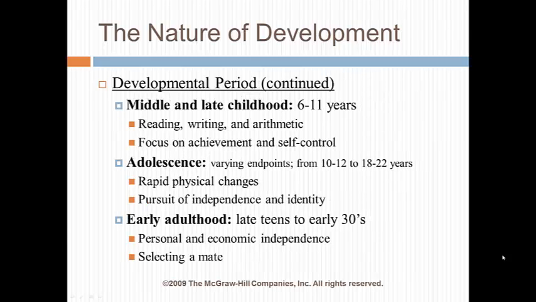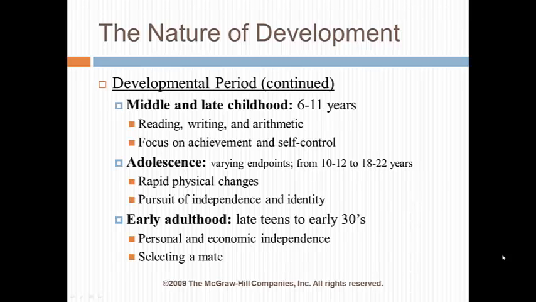In middle to late childhood, which occurs from ages 6 to 11, school-related skills like reading, writing, and arithmetic are developed. Additionally, a focus on achievement and self-control increases. In adolescence, from around 10 to 12 to 18 to 22, the variation is that some merge a stage with early adulthood and some separate it out.